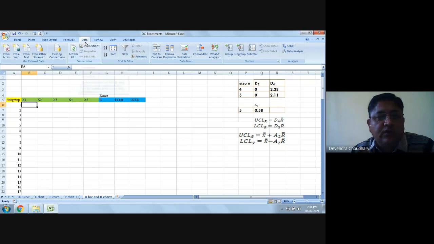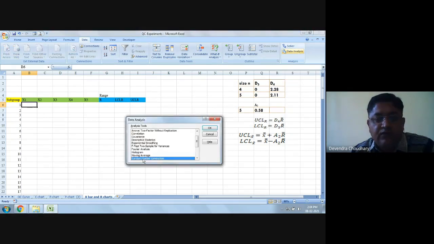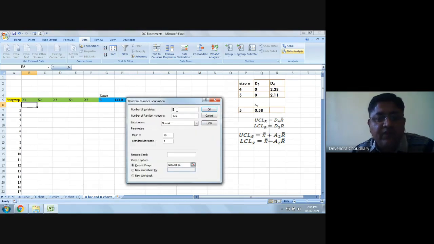So we can generate the values of these measurements by using this data analysis solver. We generate random numbers. So let's say we generate 5 variables, and the number of values is say 20.